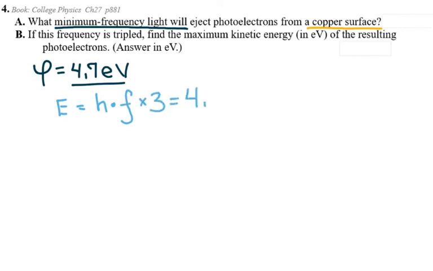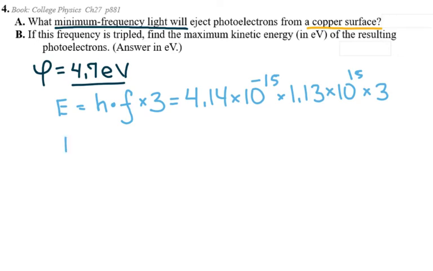So I have 4.14 times 10 to the negative 15, and then the frequency that I just found, 1.135 times 10 to the 15, times 3. That's how much energy the photons will have if they have a frequency 3 times as large. It's the same as multiplying this number by 3, so that would be equal to 14.1.